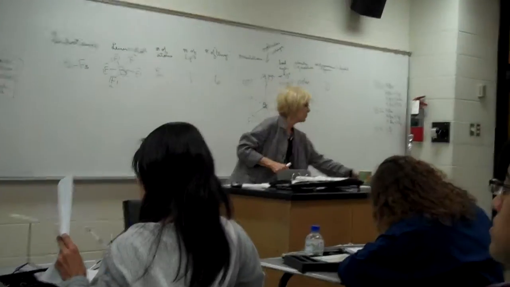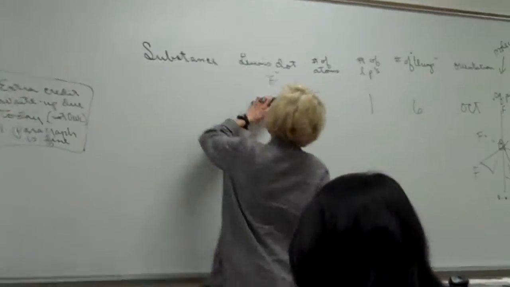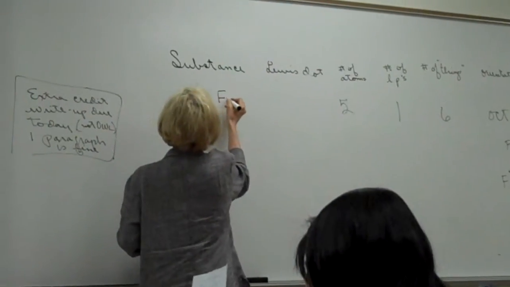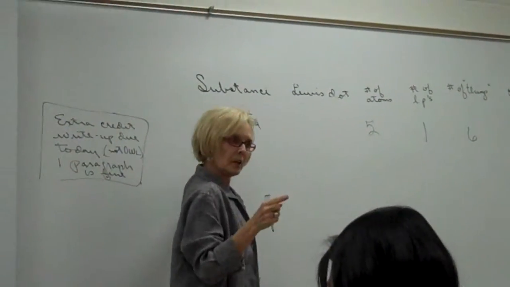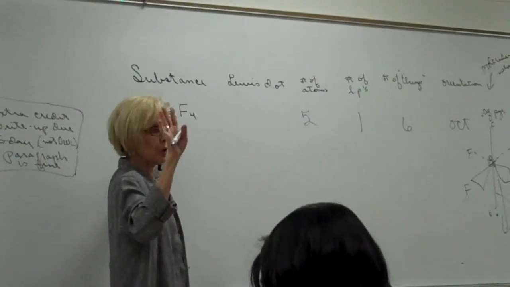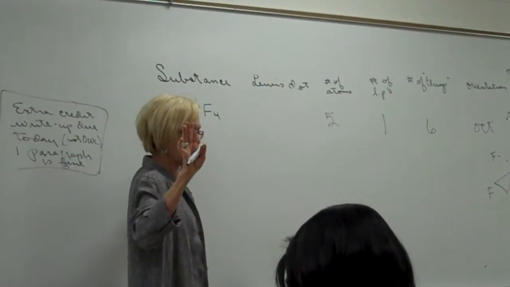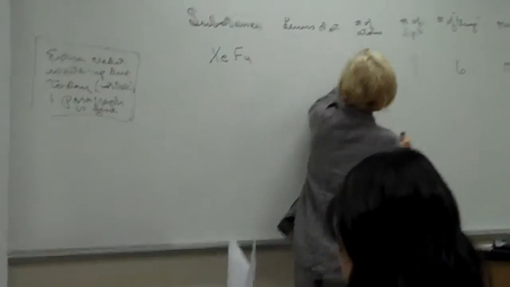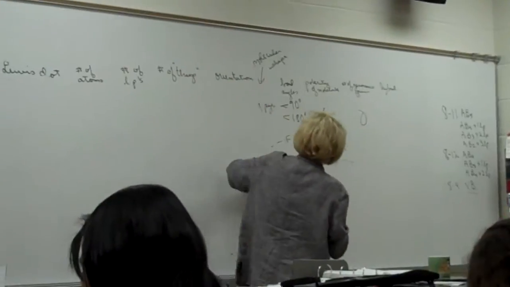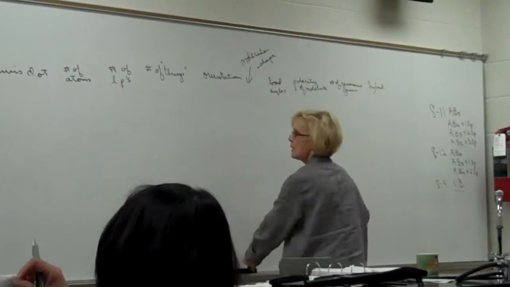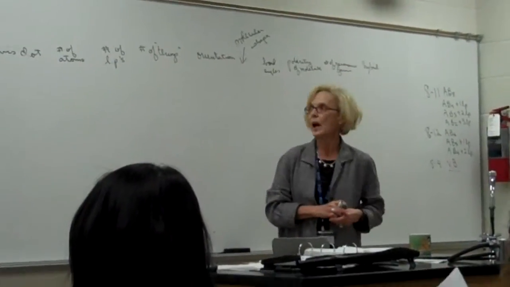Okay, then let's do our last one. If we did XeF4, xenon as our central atom, and so it could violate the octet. And we know it's going to share at least how many? 8.